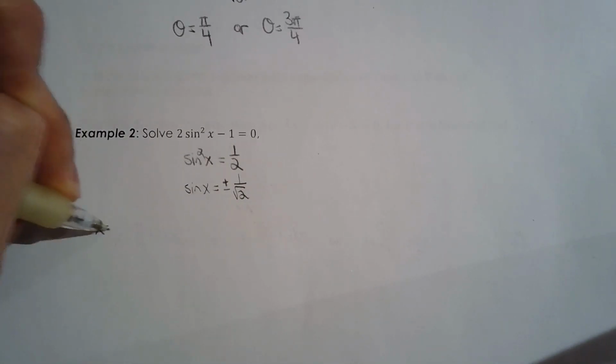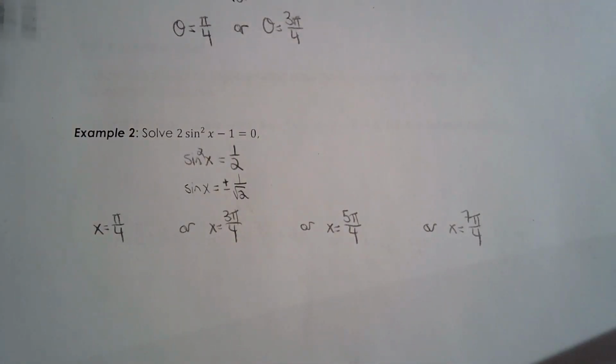So if the ratio is 1 over root 2, x equals pi over 4, or x equals 3 pi over 4, that's our second quadrant. What about our third quadrant? 5 pi over 4, or x equals 7 pi over 4. Okay, I got quadrant 1, 2, 3, and 4.